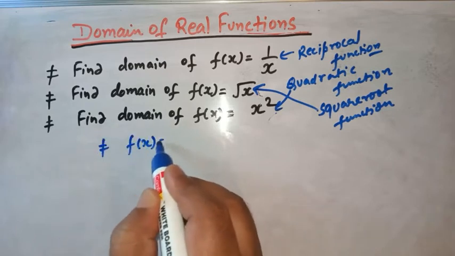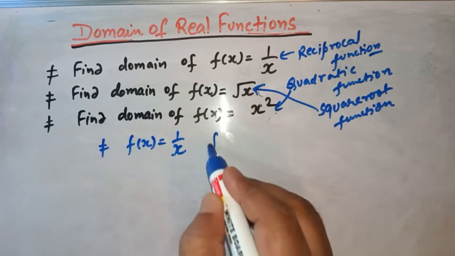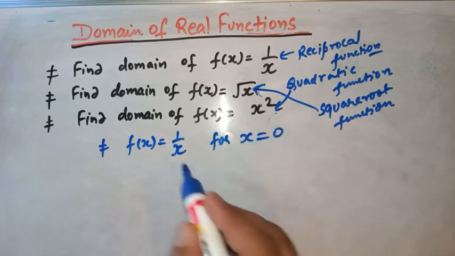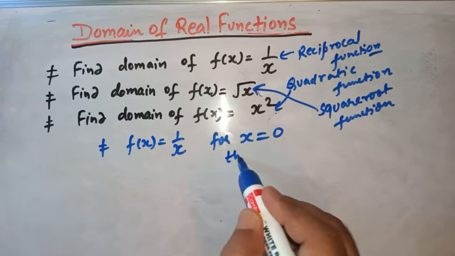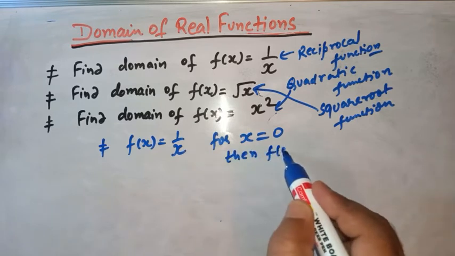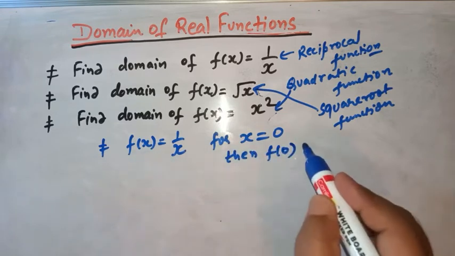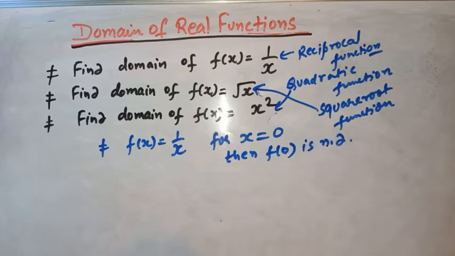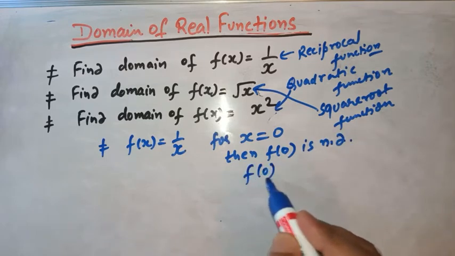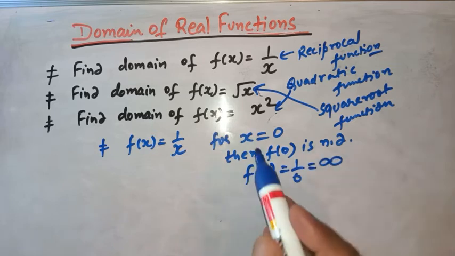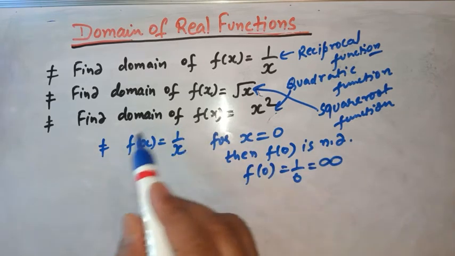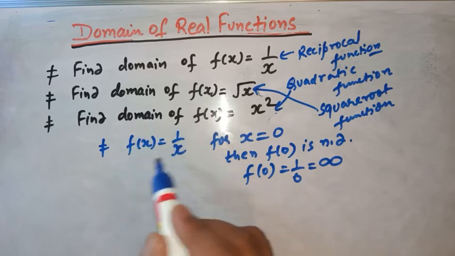f(x) is 1 over x, and if we substitute x equal to 0 here, then f(0) is not defined. That is, f(0) becomes 1 over 0, which is infinite. So for x equal to 0, this function is not defined.